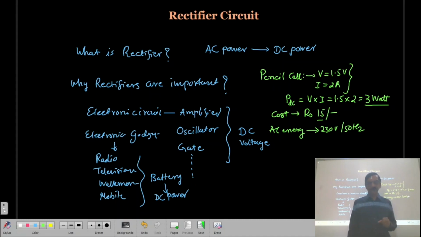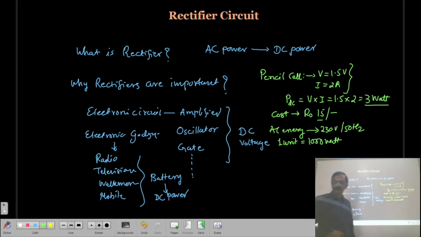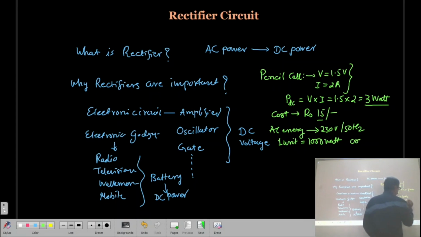This AC energy we measure in terms of units. And 1 unit, you already know, is nothing but 1000 watt, or 1 kilowatt. And if you see your electricity bill, the cost of 1 unit is 8 rupees.